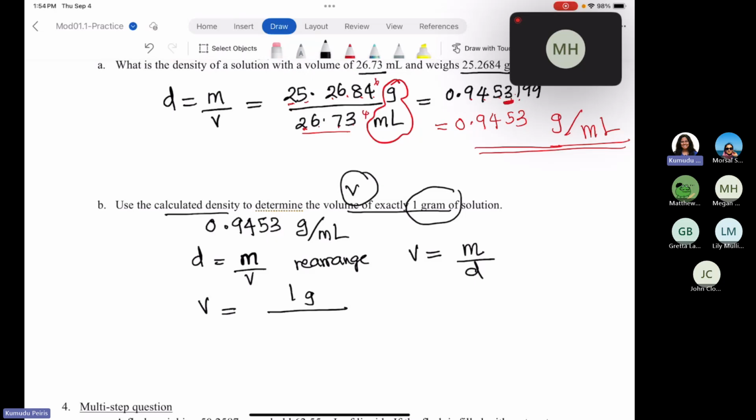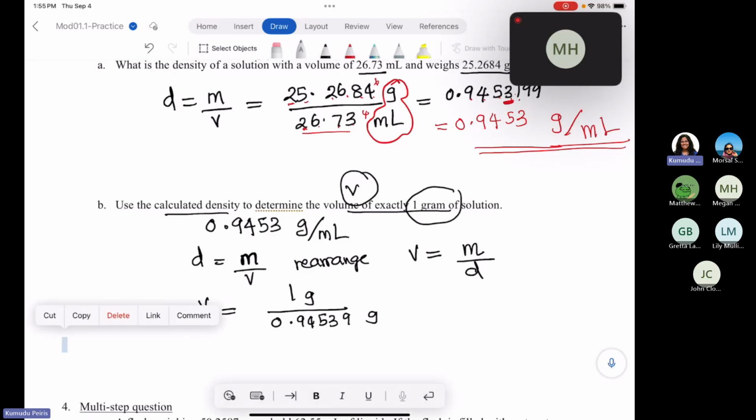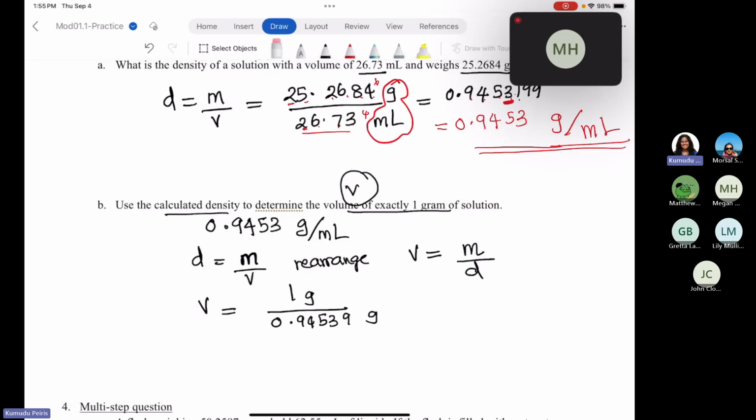Okay. 1 gram, and then I divide by the density, 0.9453199 grams per milliliter.